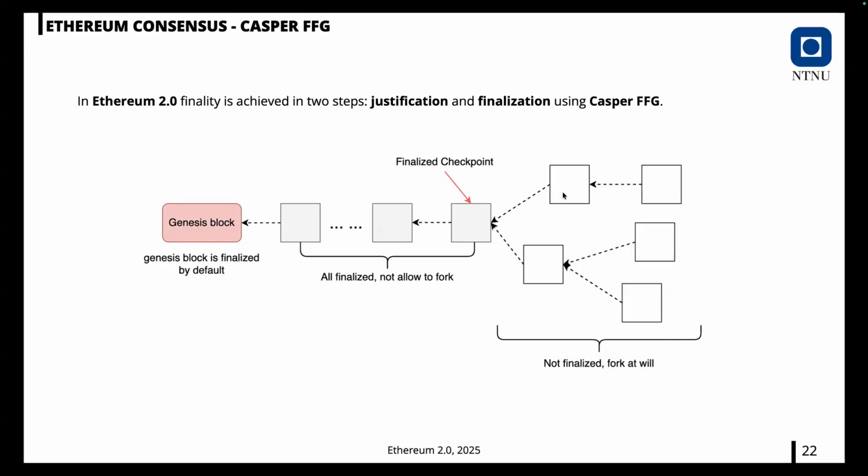There could be forks from other blocks, which are in the non-finalized stage, and this consolidation with the Ghost and Casper algorithms is happening. But once the block is finalized, that means the transactions in that block cannot be reverted or touched, right?